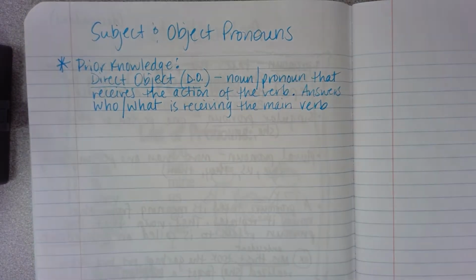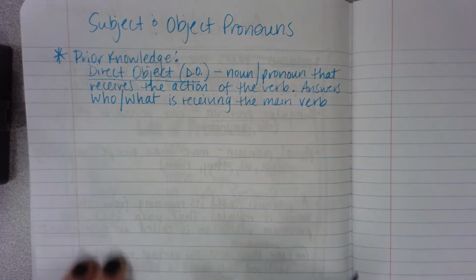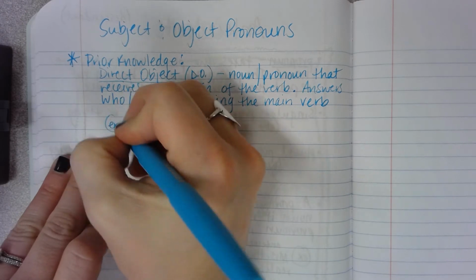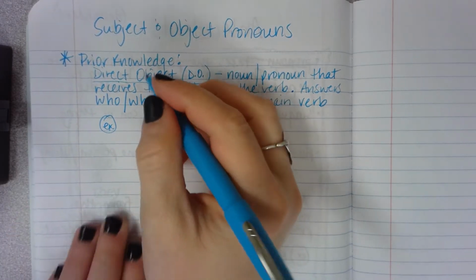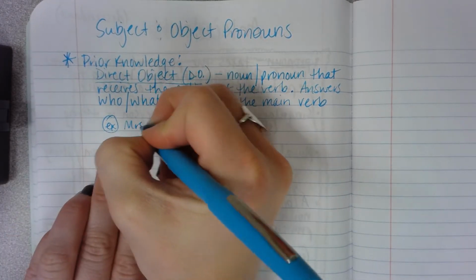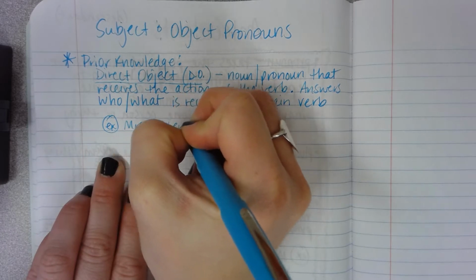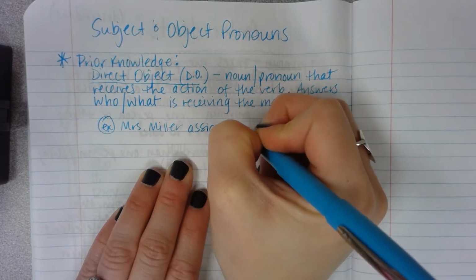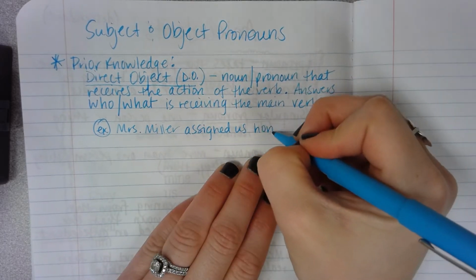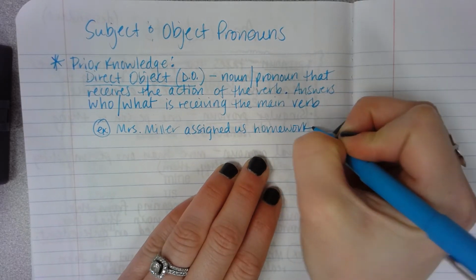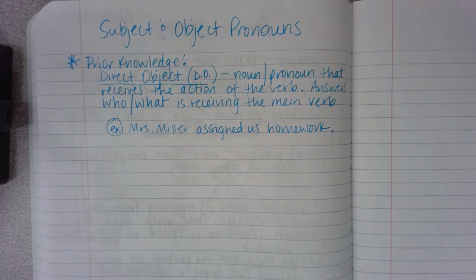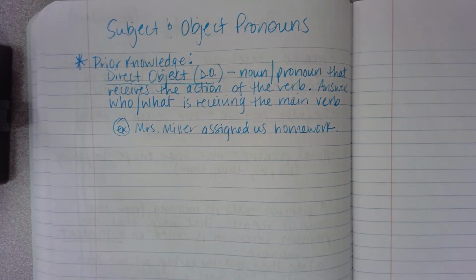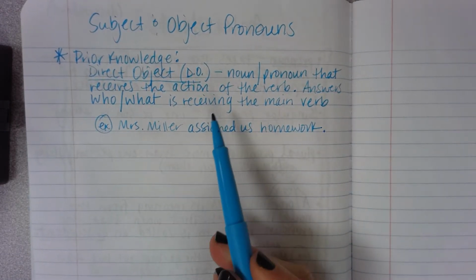Well, here are some examples for you quick, just to get an idea of what a direct object is. So if we have the sentence Mrs. Miller assigned us homework, you're going to find the verb in the sentence. This is what I do.